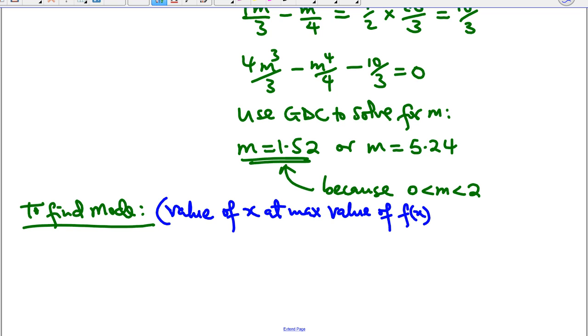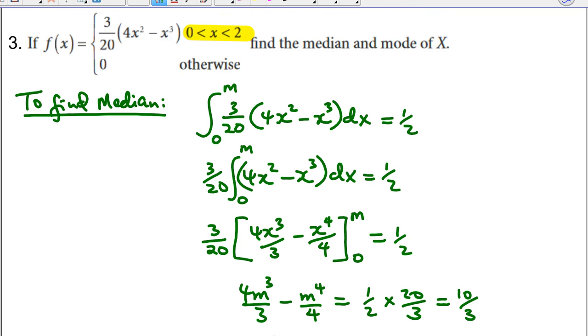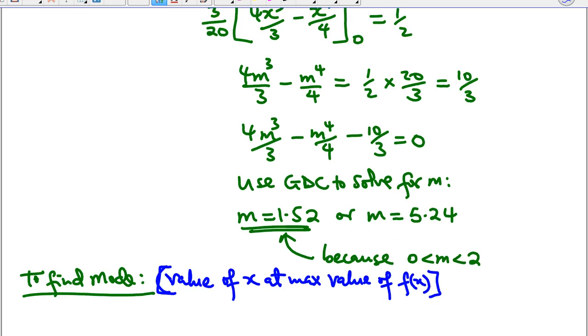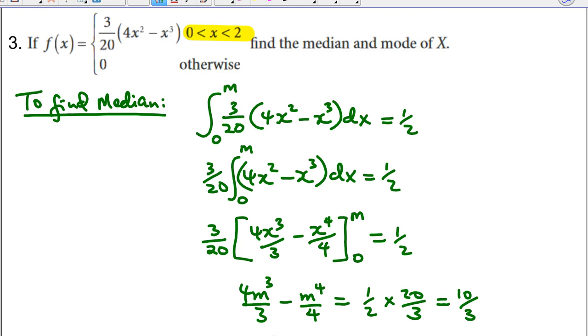So what we need to do is to inspect, find the value of x at the maximum value of f of x, and that will be our mode. You can graph the function. That's another way, and just find the value of x at the maximum value of f of x.